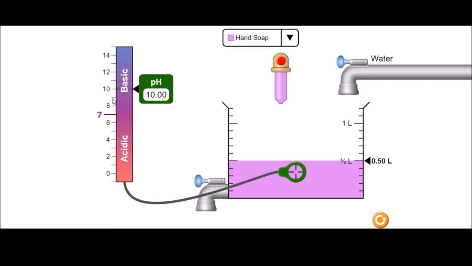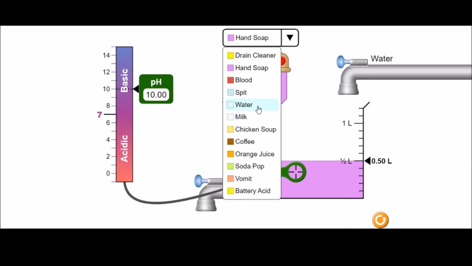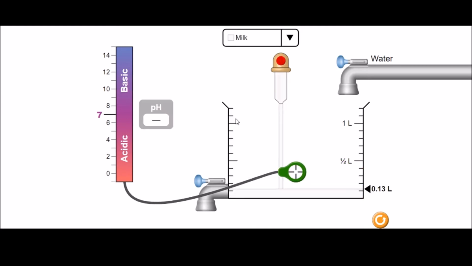So this is weakly basic. Let's take another solution. We have milk. Milk has a pH of 6.5, which is a very weak acid. So 6.5 is a weakly acidic pH.